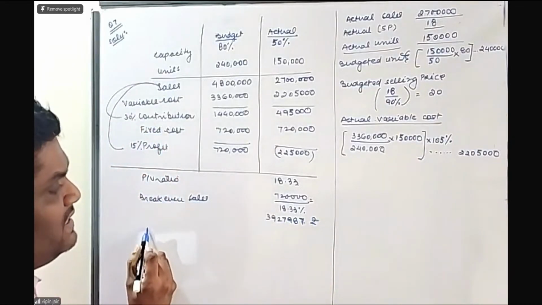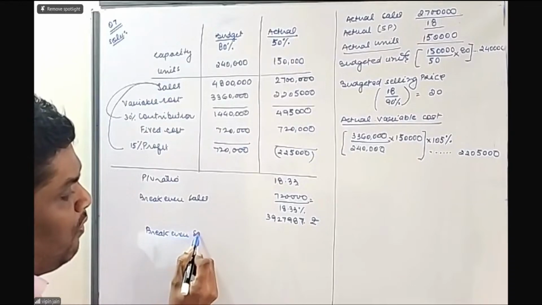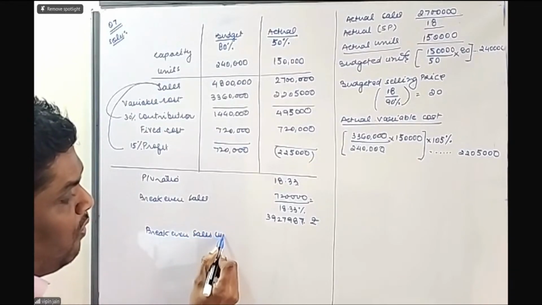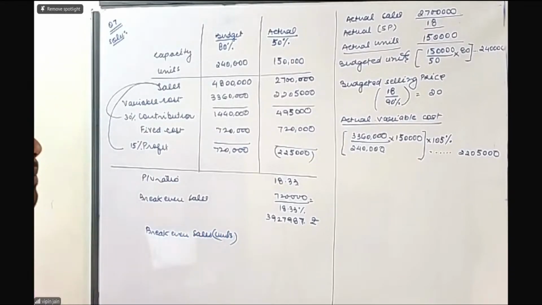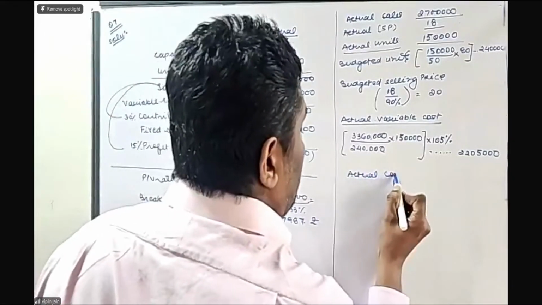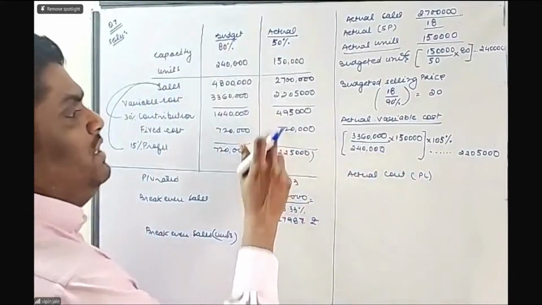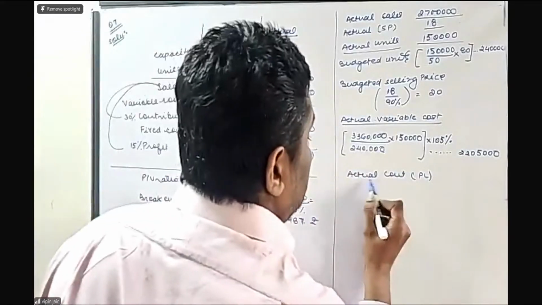And break-even sales in units. My actual contribution per unit will be how much? See, actual contribution is 4,95,000.